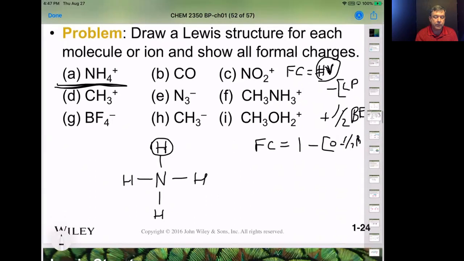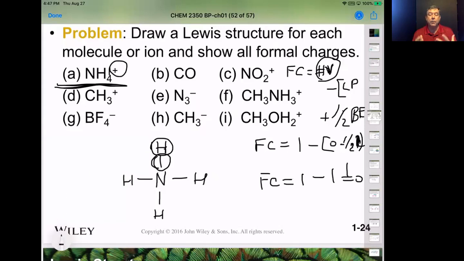It has 2 electrons here, and multiply that by 1/2. And we're going to end up with 1. So our formal charge at hydrogen is 1 minus 1, which is equal to 0. So that means that hydrogen is not where this positive charge is. And we can do that same calculation for the other 3 hydrogens, and we're going to end up with all of those hydrogens having a net charge of 0.